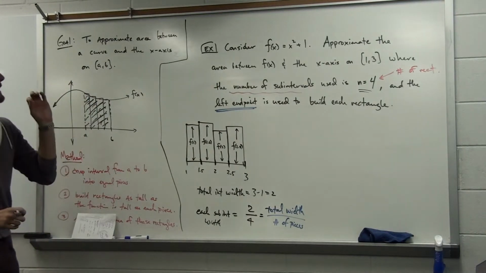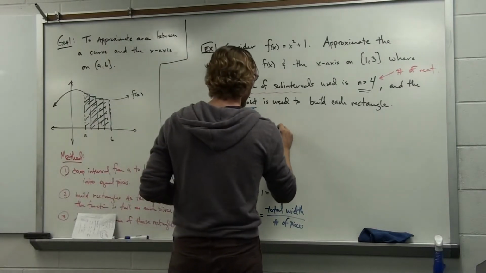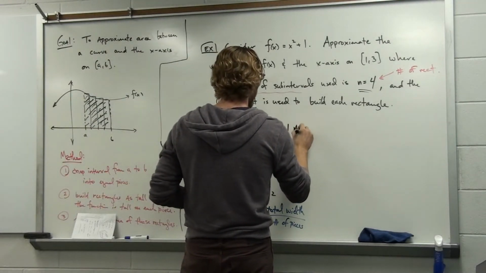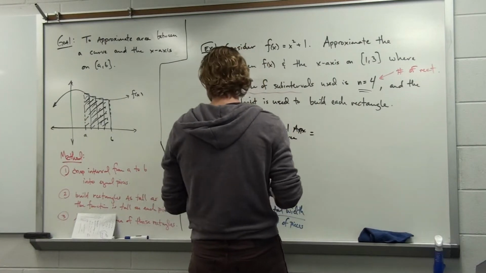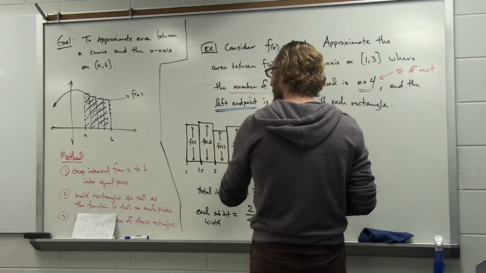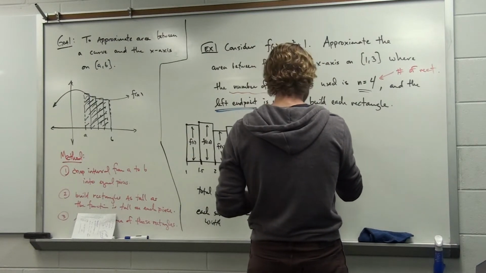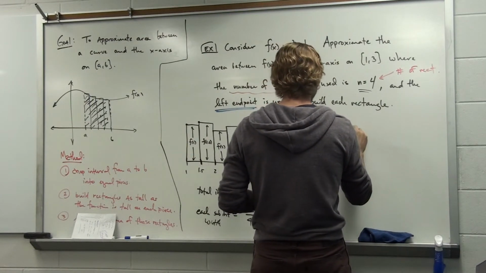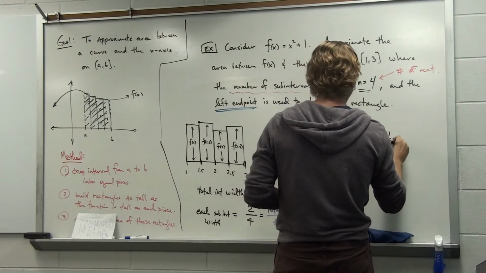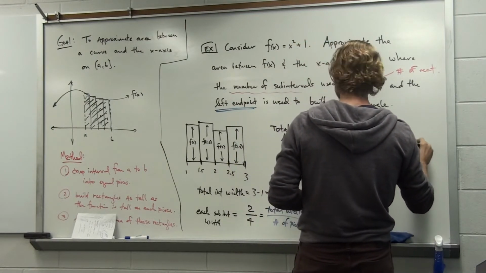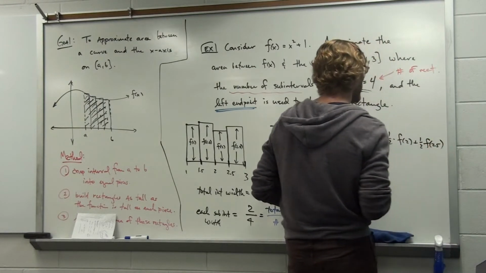And now, what is the total approximate area going to be? The total approximate area is going to be the sum of the areas of the 4 rectangles. So the first rectangle is a half times f of 1 plus a half times f of 1.5 plus a half times f of 2 plus a half times f of 2.5.